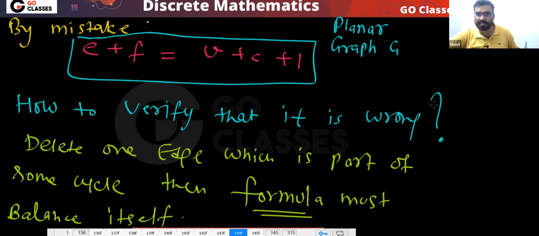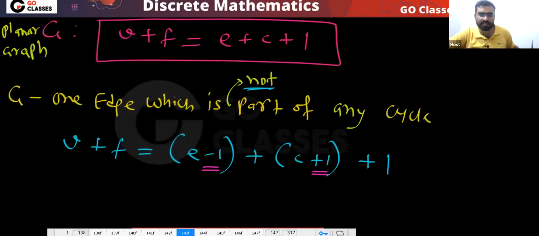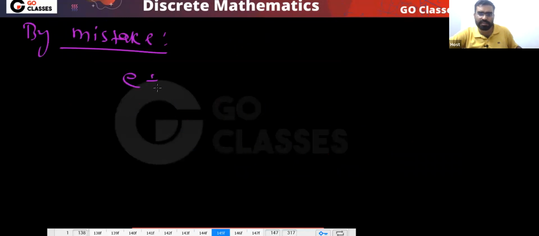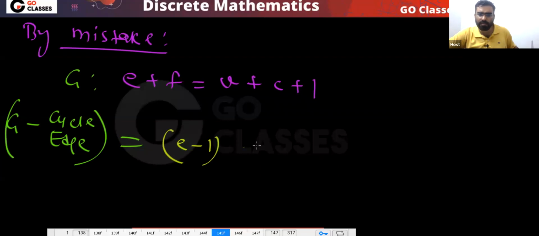Now, will it balance? So by mistake, if you write this formula, like you write E plus F equal to V plus C plus 1, will it balance itself? Then from this G, I am removing one cycle edge.